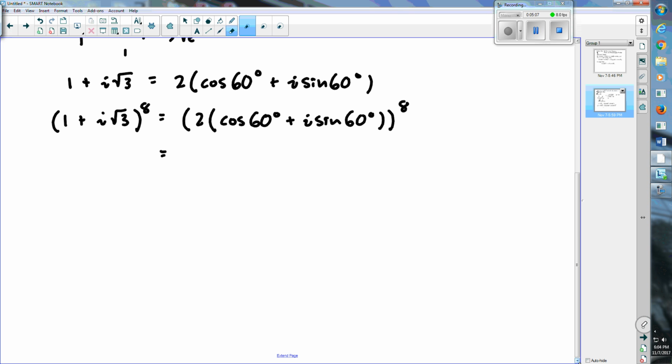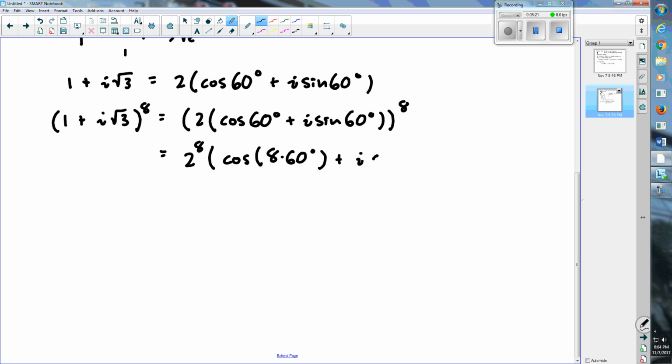Okay, so we're going to have 2 raised to the 8th power times the cosine of 8 times the angle, which is 60 degrees, plus i times the sine of 8 times 60 degrees, and close that parenthesis.